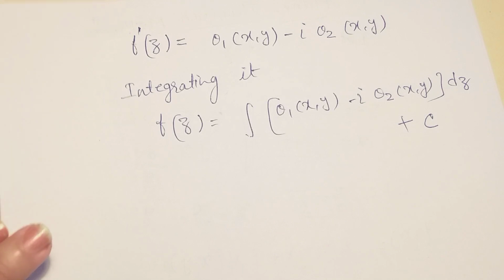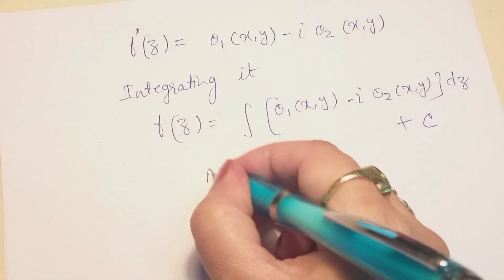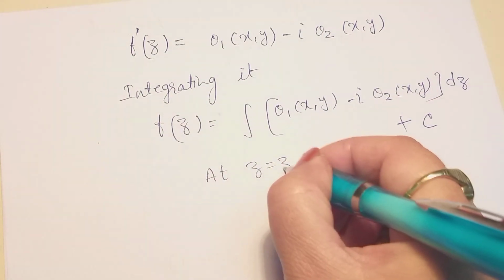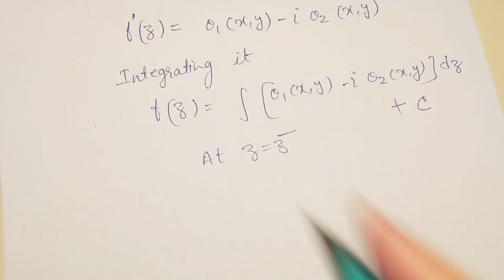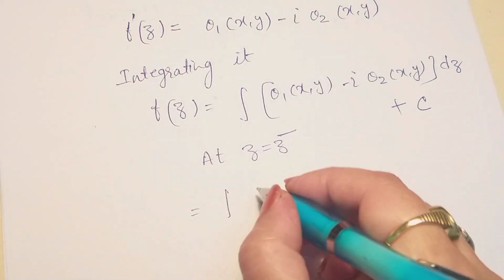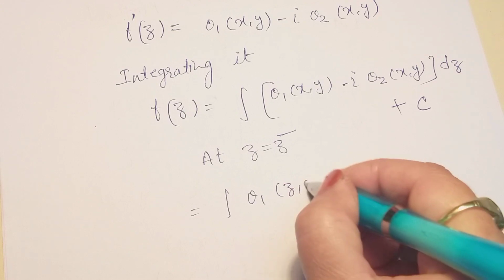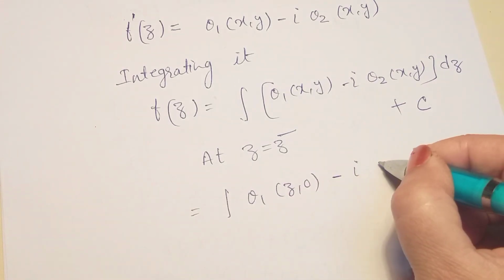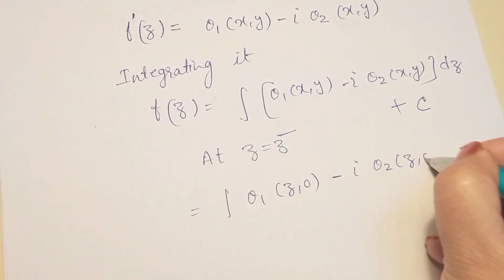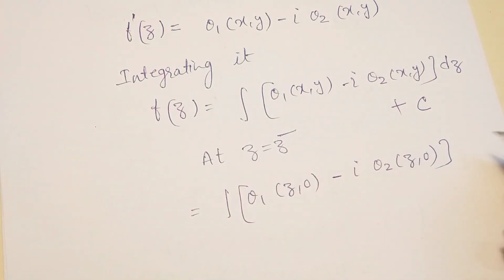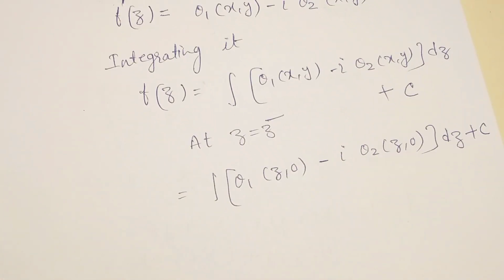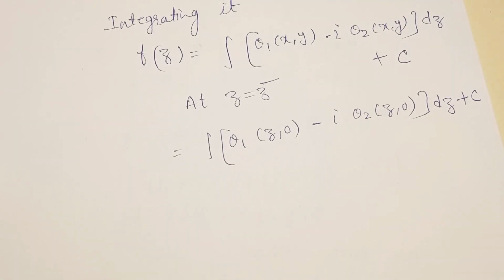C is constant of integration here. Now at z is equal to z bar, okay, this function will become integration of theta 1(z, 0) minus iota theta 2(z, 0) dz plus c. So this is our analytic function.